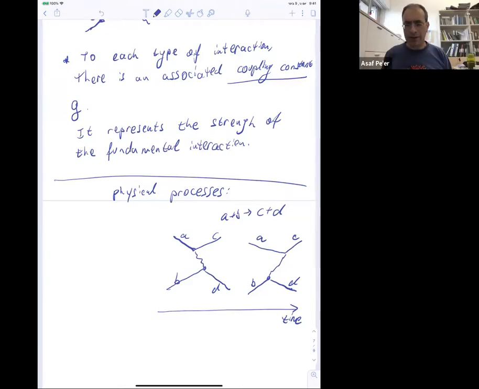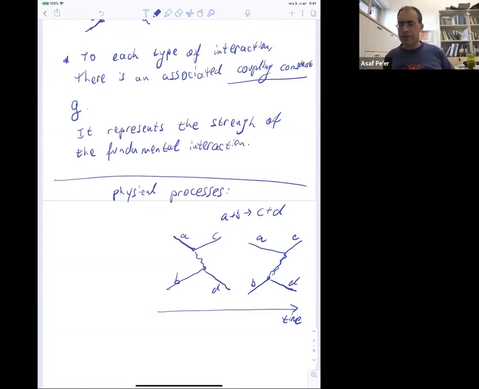But if the particles are not identical, then no. You're thinking in terms of, let's say, electron scattering, but you can think of an electron-muon scattering, or an electron-quark scattering.